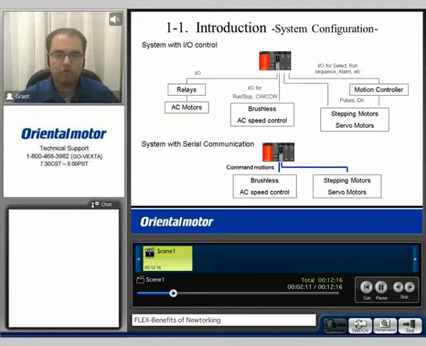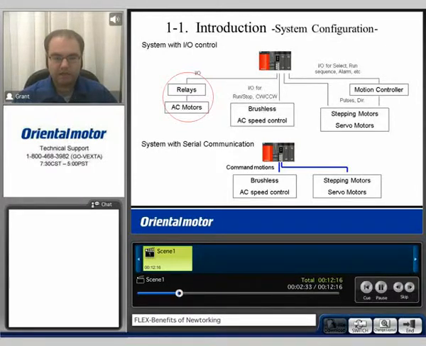In the past, motion control systems have been set up primarily using I/O for control or pulse and direction for positioning systems. For example, for an AC motor system, usually I/O control is sophisticated enough to control the motor by turning on and off relays.